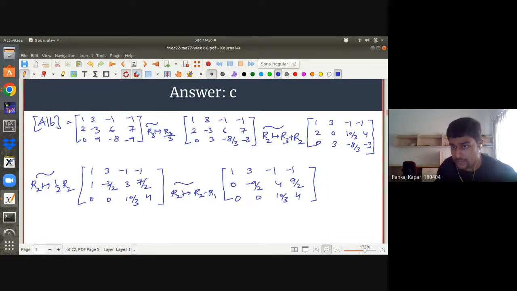Now what we can do, we have already divided the second row by 2, that is correct. So if we divide the second row by 2, then we have 1, 0, 5 by 3 and 2.